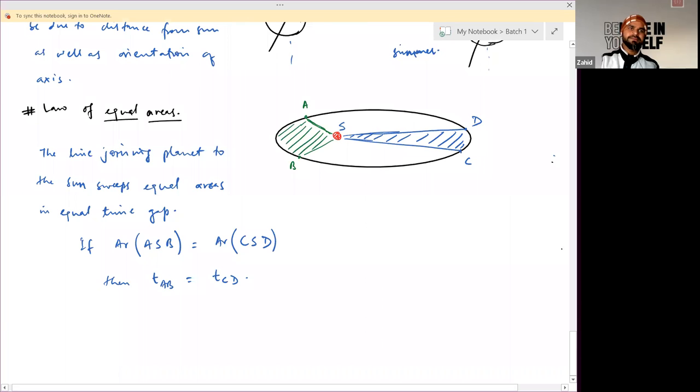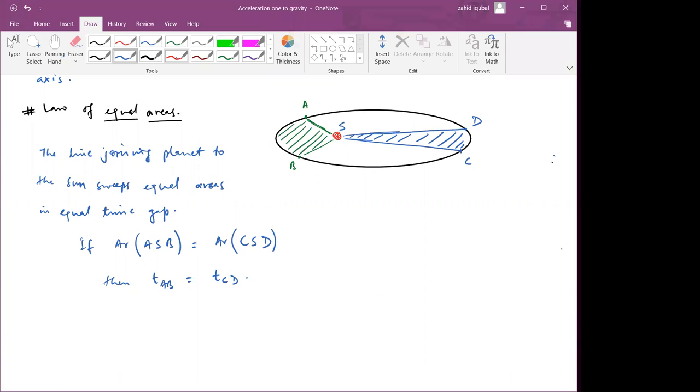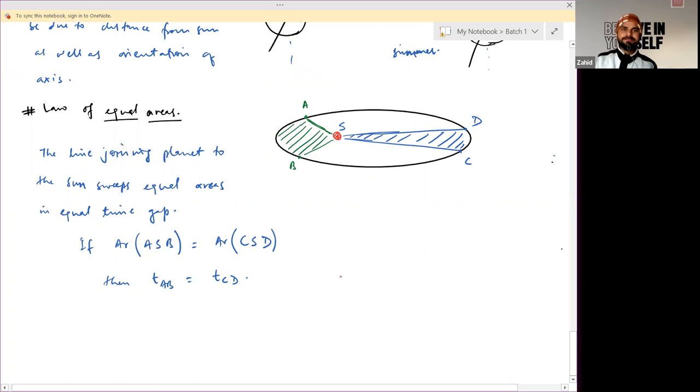Hamza, any doubt? No, sir, no doubt. Okay. Let me prove this particular part. First, write it down.